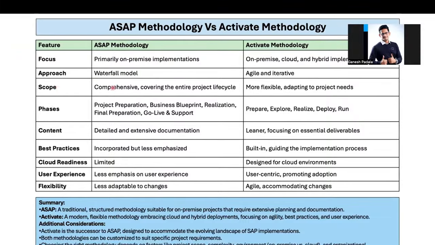What is the scope? SAP methodology is comprehensive, covering the entire project life cycle. General SAP methodology means we plan the entire thing, from project blueprint till go live. When it comes to Activate methodology, it's more flexible, adapting to project needs. So the project needs certain deliverables within 3 months, and certain things can be 6 months.